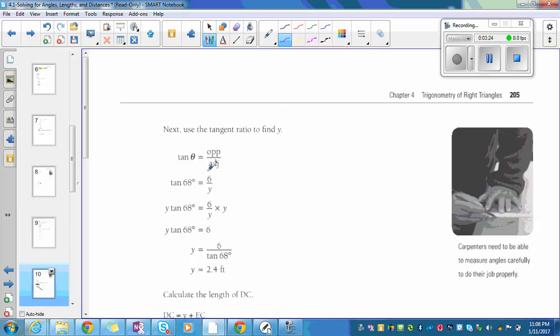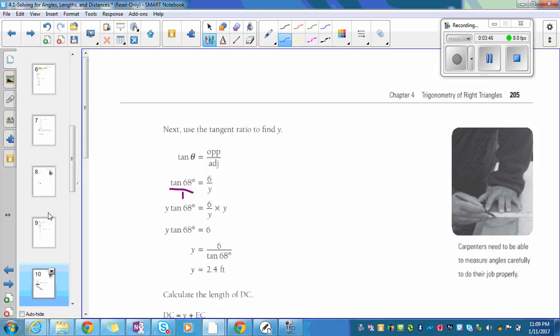So if we look next, tan of 68 is equal to opposite 6 over the adjacent y. We put that over 1. We cross multiply. We get 6 is equal to y times the tan of 68. Divide by the tan of 68. We get 2.4 feet.